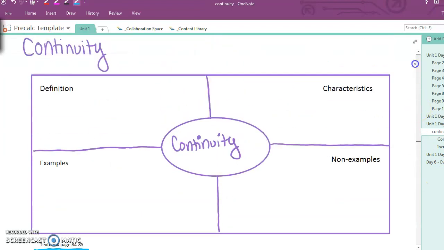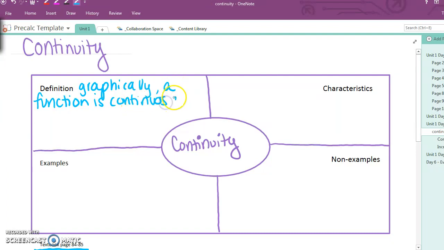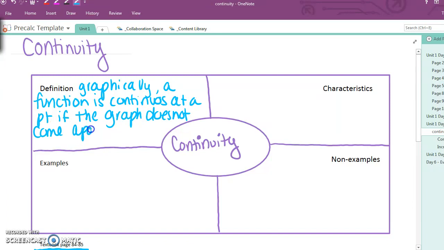So if we look at the chart, the definition that they gave us is that graphically, a function is continuous at a point if the graph does not come apart at that point.